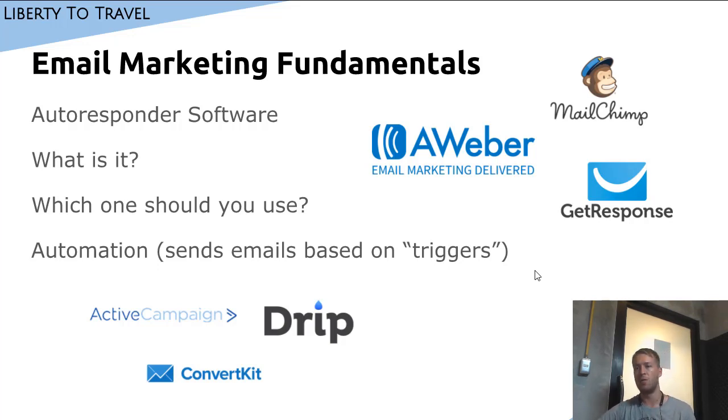And that is unfortunately where Aweber and GetResponse, the established platforms, have been lagging behind a lot in the last few years, because a few new autoresponder softwares have come to the market and they have far better automation. And these are ActiveCampaign, ConvertKit, and Drip.